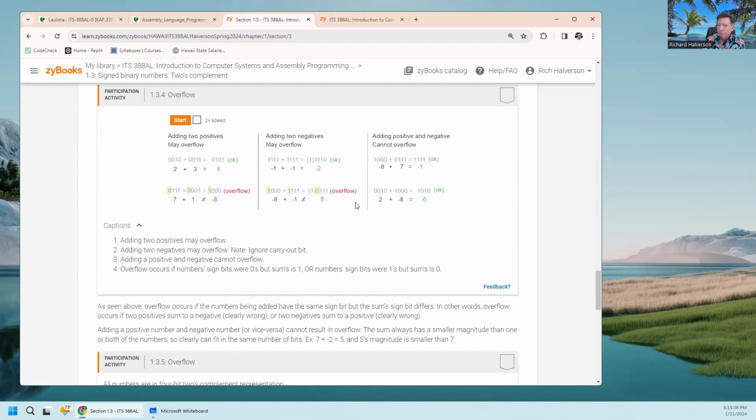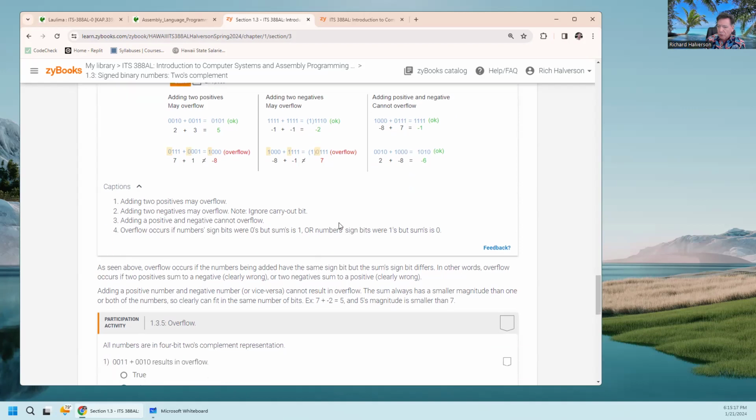And how do you tell if there's overflow? Overflow occurs if the numbers being added have the same sign bit, but the sum's sign bit differs. If they have different sign bits, then they can't overflow.